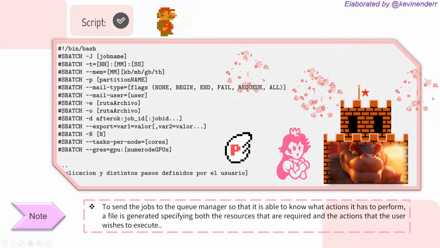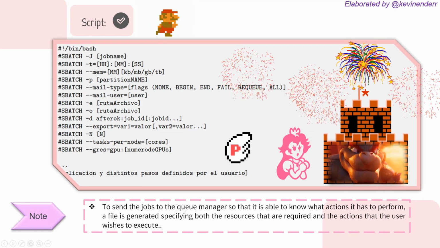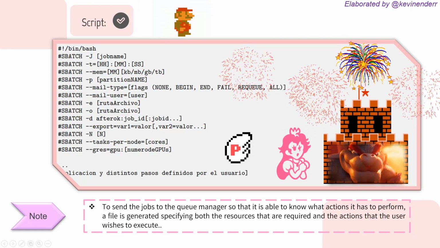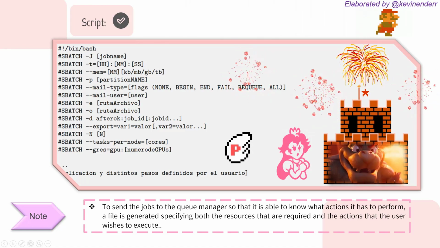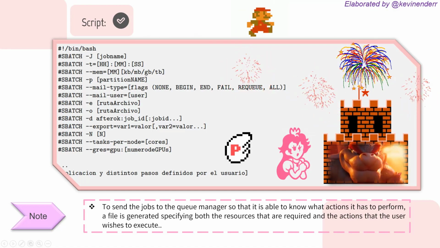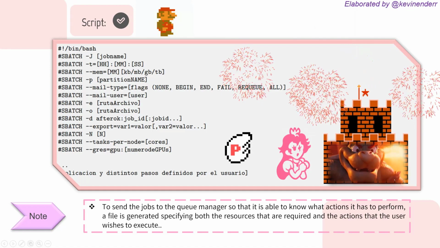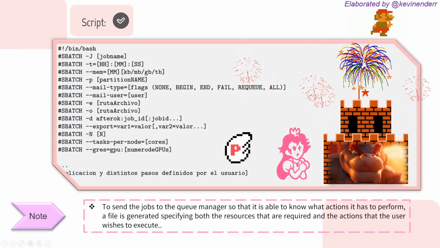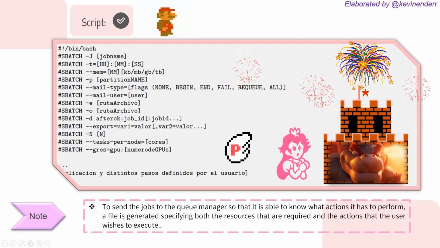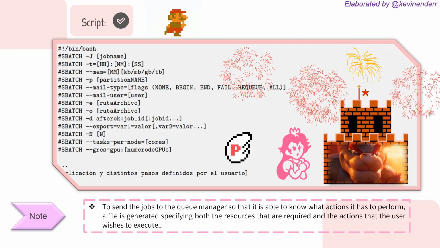Okay, next line, letter b. In this line, the job will be sent to the queue when another previous job finishes its execution. And it doesn't matter how it finishes. Let's explain this part in a little more detail.